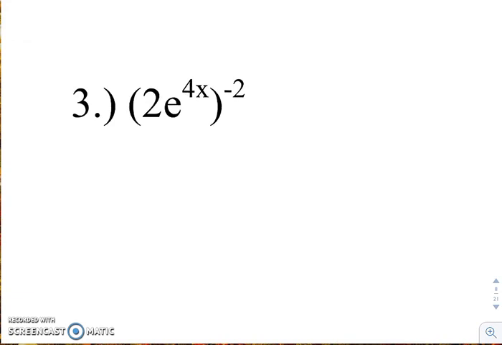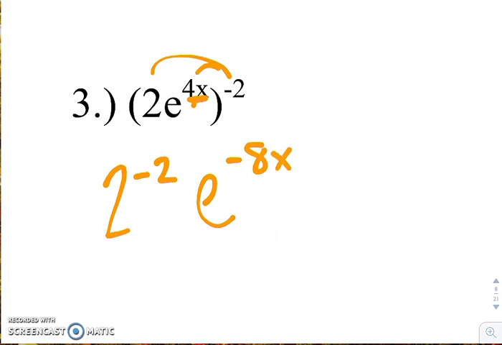Number 3, 2e to the 4x, all to the negative second. That negative 2 goes in there to both items. So 2 to the negative second, and the 4 and the x are going to stay together. So this is going to be e to the negative 8x. You don't square the 4 and the x separately; the 4x is an item together by itself.